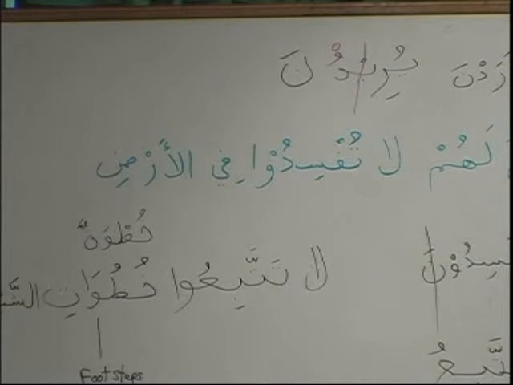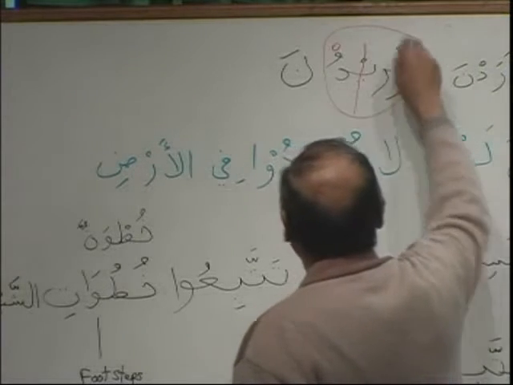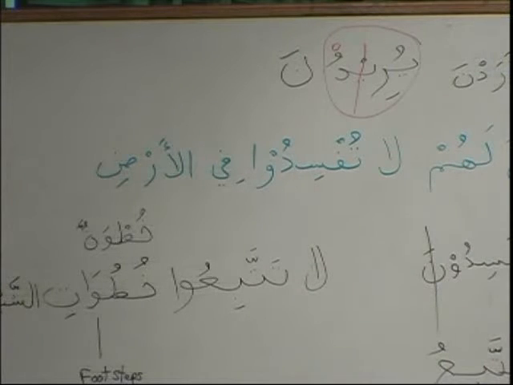How will I describe yuridna? Fi'lun, mudari'un, mabniyun ala sukun. And then you will describe, if it is marfu, you will say fi mahalli raf'in. If it is majzoom, you will say fi mahalli jazmin.